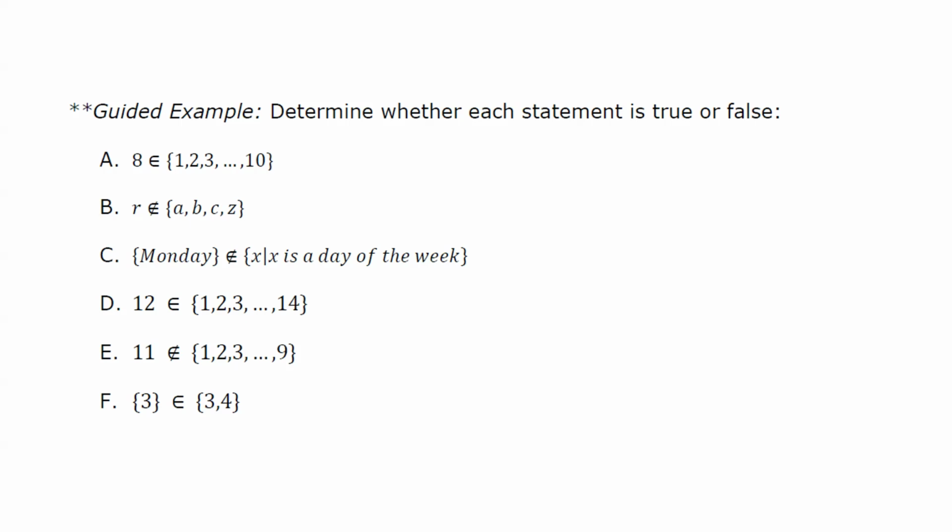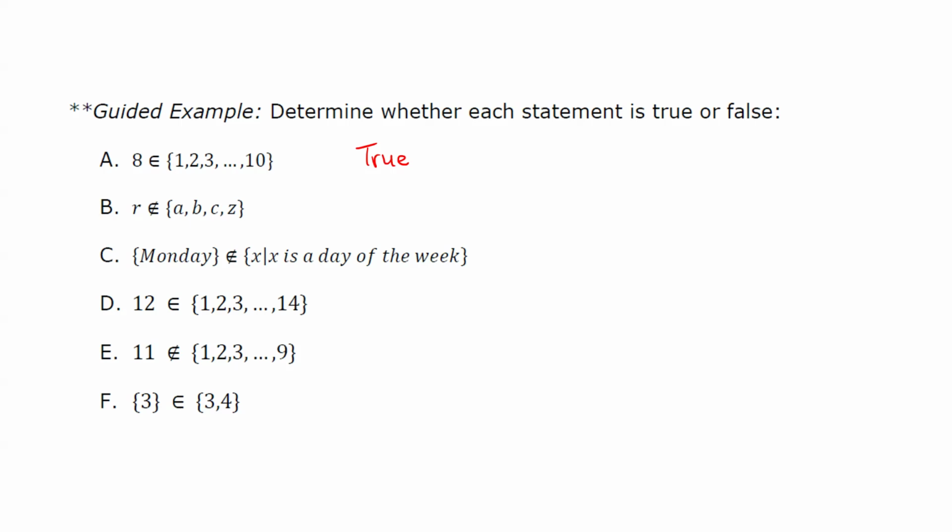Okay, so here the dot, dot, dots would mean all of the values between 3 and 10 that follow the same pattern. So this statement would be true because 8 is between 3 and 10. And if we were to count it all the way through, 1, 2, 3, 4, 5, 6, 7, 8, 9, 10, we would land at 8. So 8 is an element of this set.